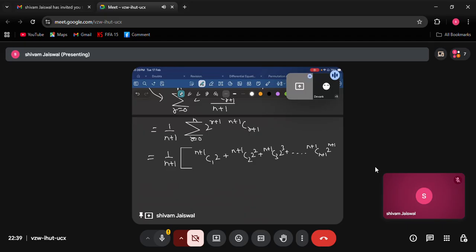What does it look like? Tell me everyone. Are you people able to see, NC1 into x plus NC2 into x squared, and so on, it looks like the expansion of 1 plus 2 to the power n plus 1.